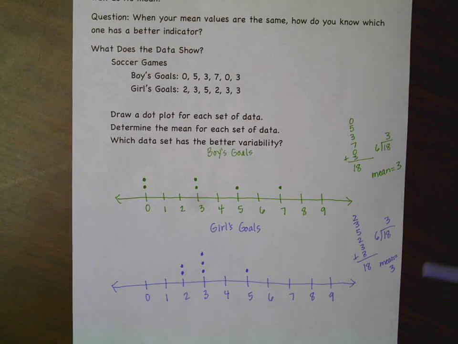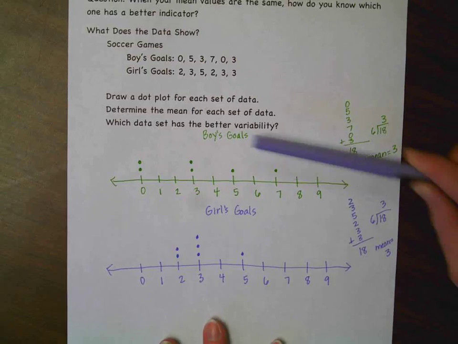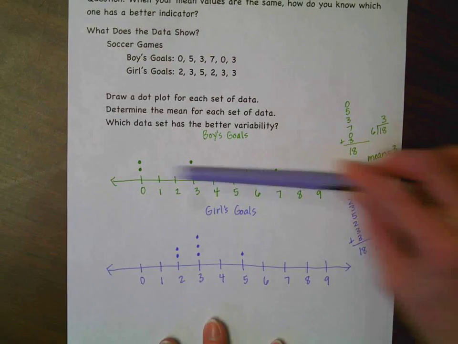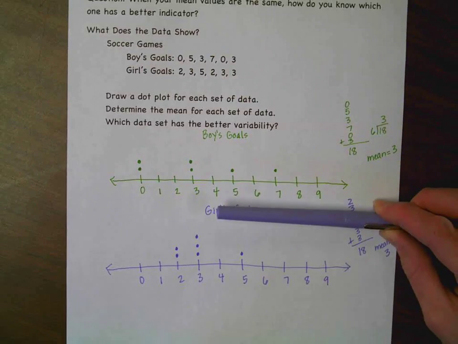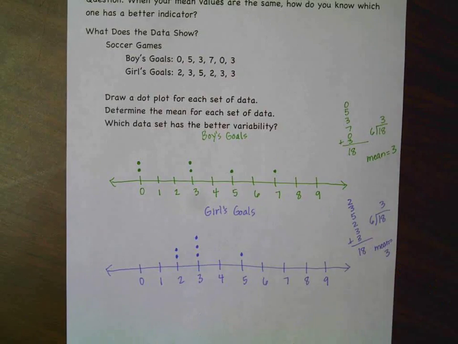And when we say goals, we're talking exactly about soccer game goals. So if we're looking for variability on these two graphs, what is the variability on the boys' goals? Are all of the goals spread out, or are they all clumped in one spot? On the girls, are they spread out, or are they all clumped in one spot?